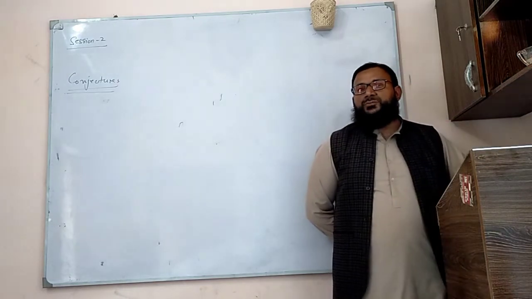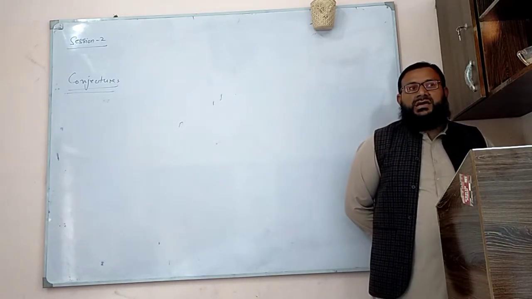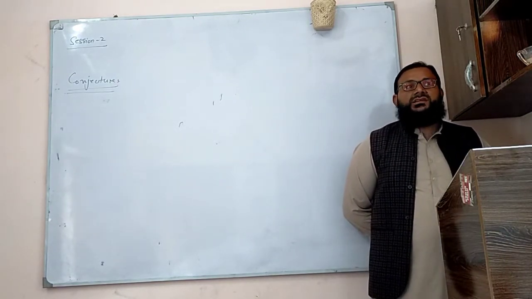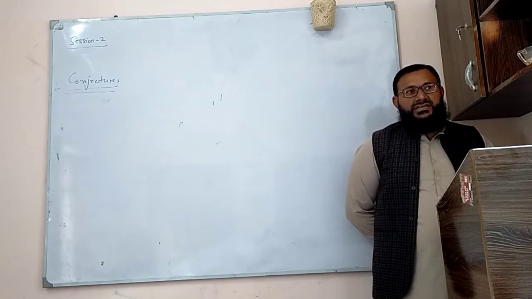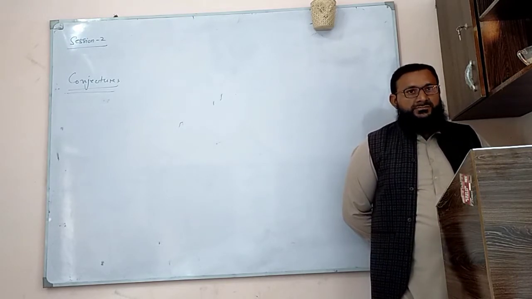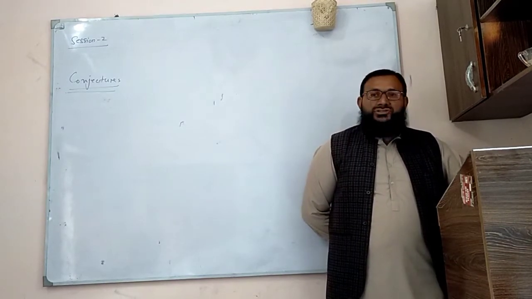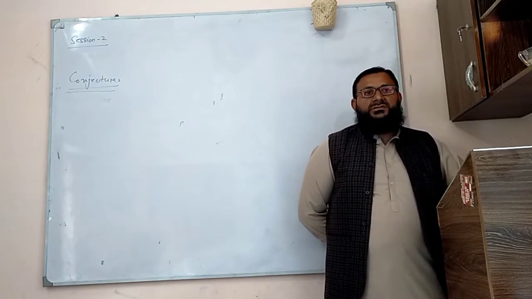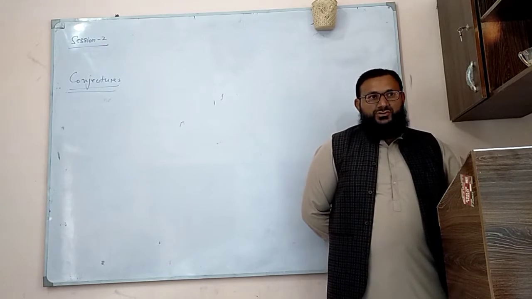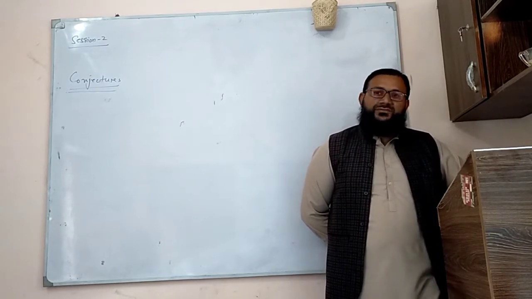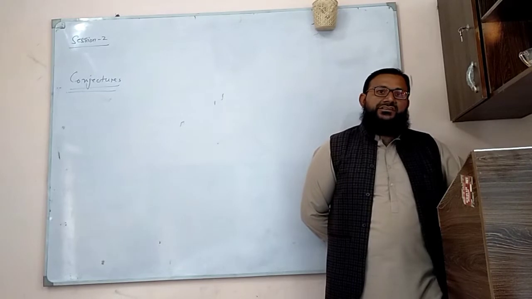Like if I put forward a new theorem, I will always give you a proof, and if many mathematicians agree with that, they will say that okay, this is a theorem based on these fundamental assumptions. But a conjecture is something which you believe is true, but it has no proof. Any example in the field of mathematics?